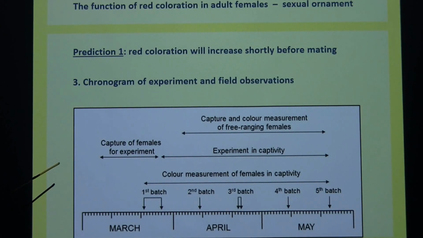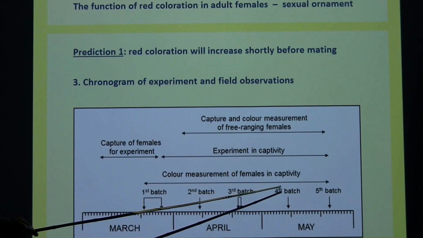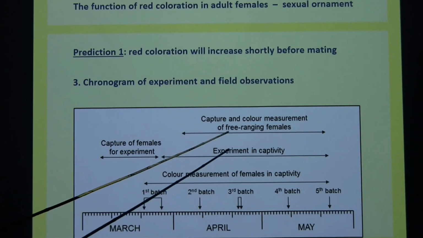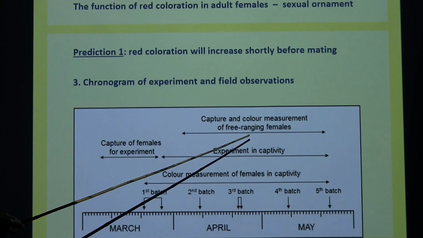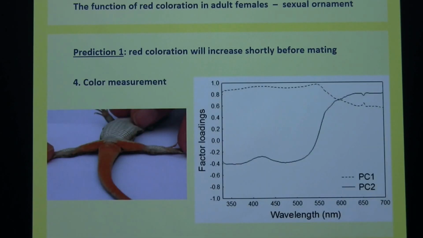Females involved in the experiment were captured in March when reproduction had not begun, and during the time they spent in captivity, their coloration was measured 5 times. And simultaneously, we captured and measured the color of free-ranging females.